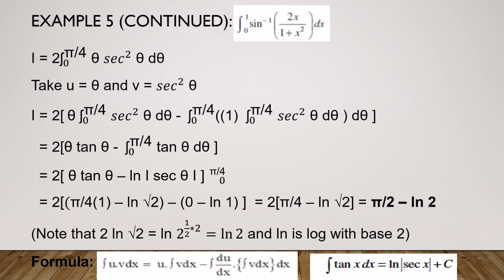Obviously note over here that we have taken 2 which was outside the bracket. When we multiply by pi by 4 it is pi by 2, and 2 into ln of root 2 is log of 2 raised to half into 2, which is log of 2. So the final answer to this is pi by 2 minus ln of 2.